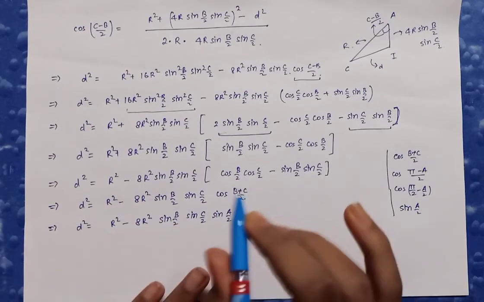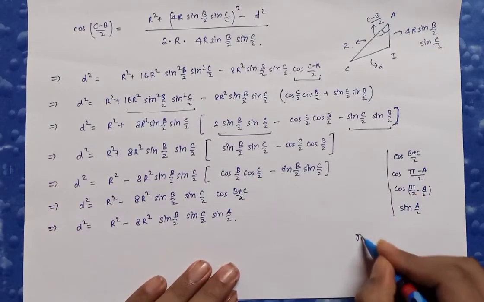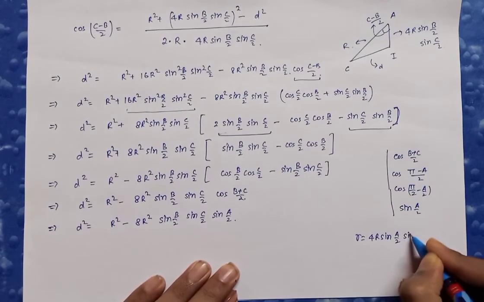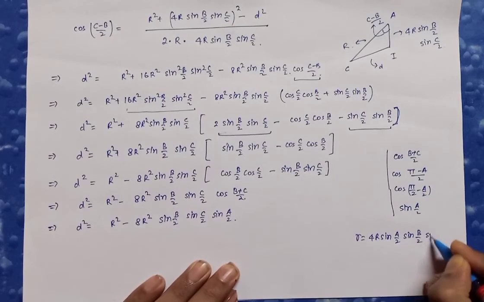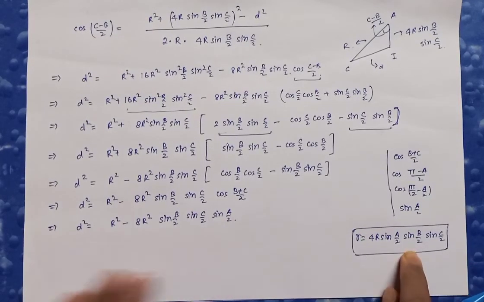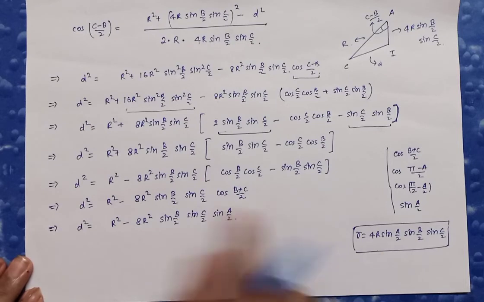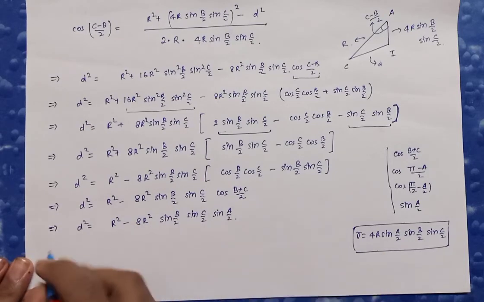Now one more thing we know, that small r equals 4R sin(A/2) sin(B/2) sin(C/2). This is the relation between small r and capital R. We have also used this in this solution previously. Once again we are using this.